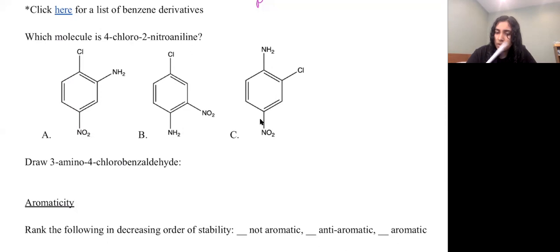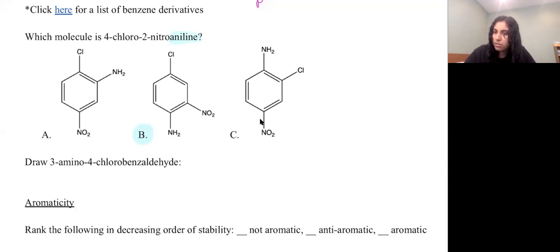Okay, we all agree with B. All right, just gonna go with B. That's right. So with these, you just have to find the benzene skeleton that you're looking at, and you find that by the very last suffix. So we're looking at aniline.